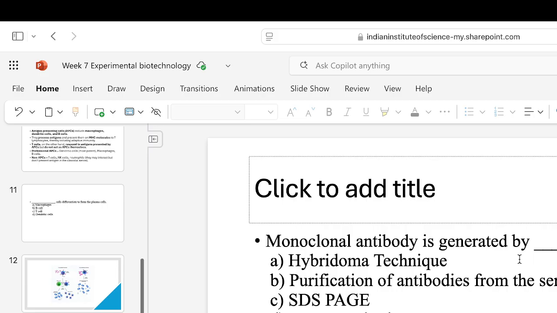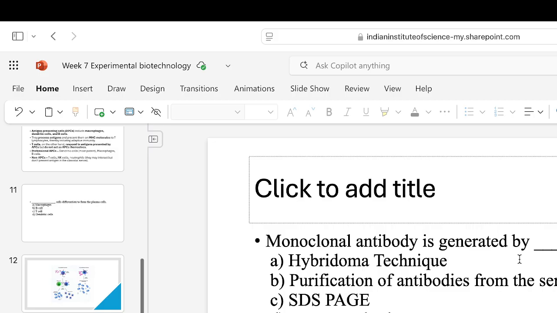Sir, in serum there is no clotting factor. Yes, okay, clotting factor is not there. What else? Are there any cells in serum? Do we have any cells in serum? The B cells, okay. B lymphocytes, I think so.